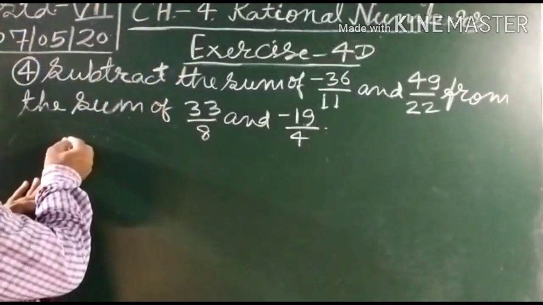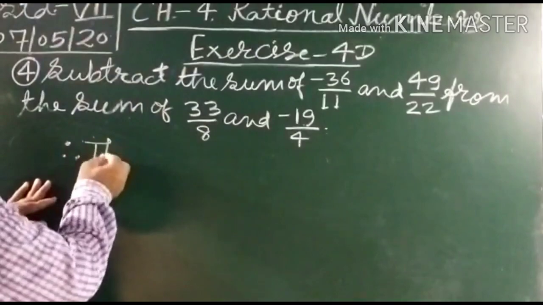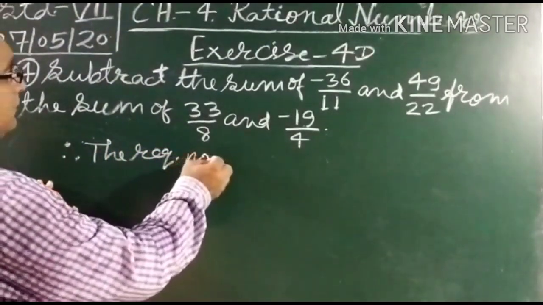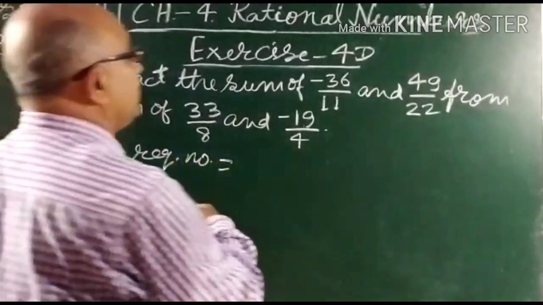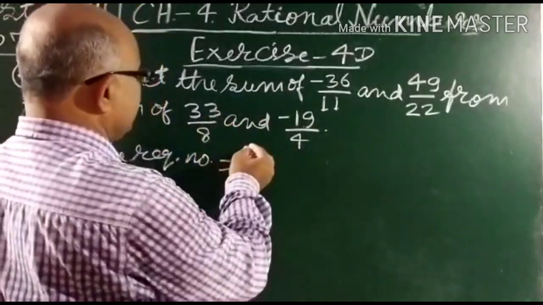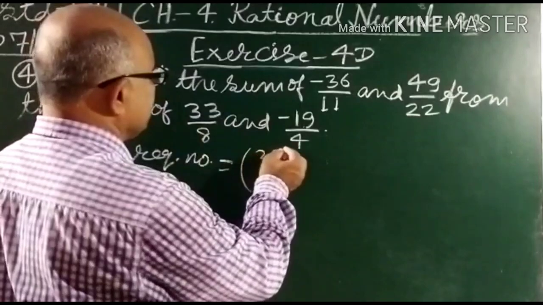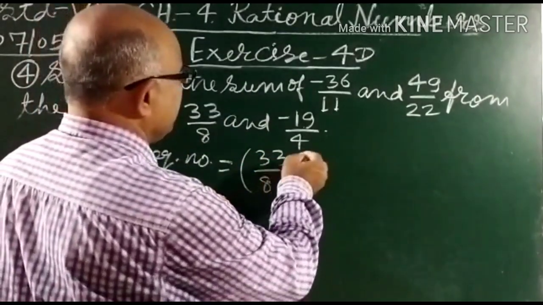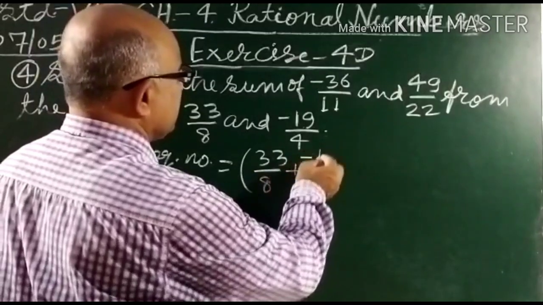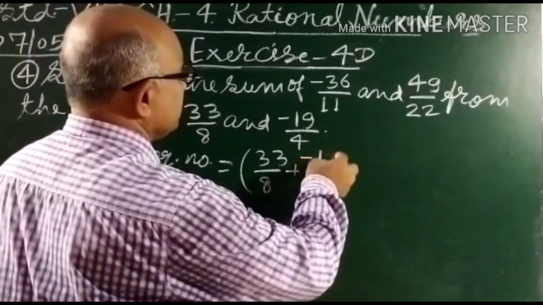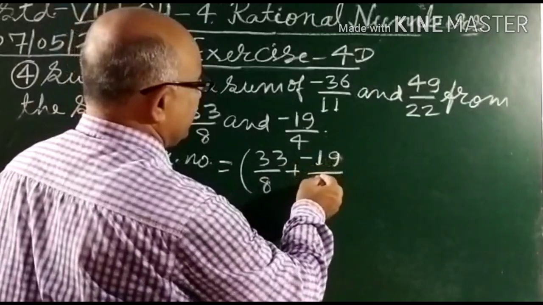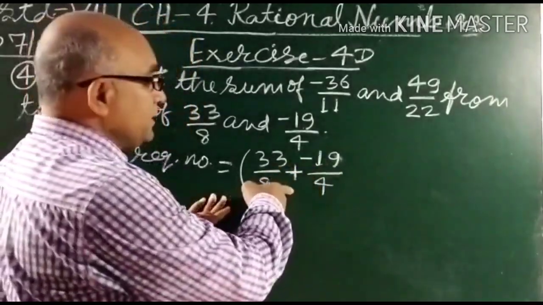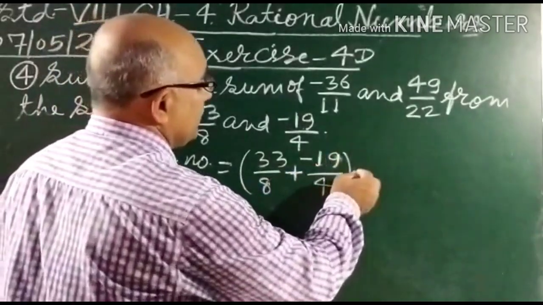Therefore the required number equal to 33 by 8 plus minus 19 by 4.